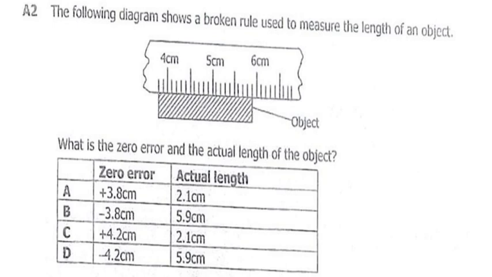So the object is measuring actually from 3.8. If you go like this, this is 4 coming down, this is 3.9, and this is 3.8. So where this is starting from 3.8, the zero error is 3.8.